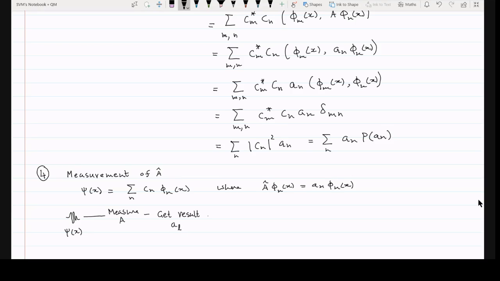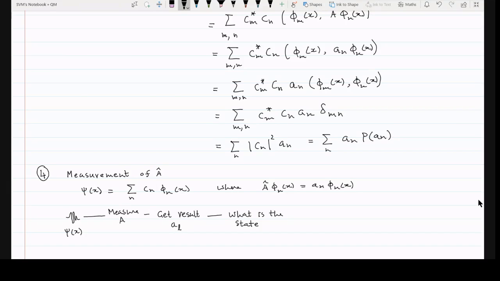Then you can ask the question: what is the state? This is the post-measurement state. When you have psi of x here, it is a linear combination of all these phi n of x.